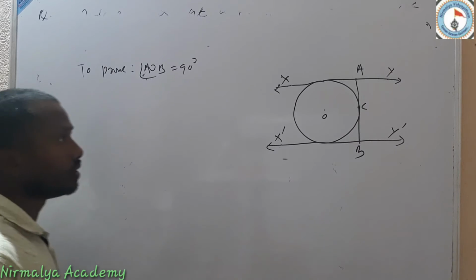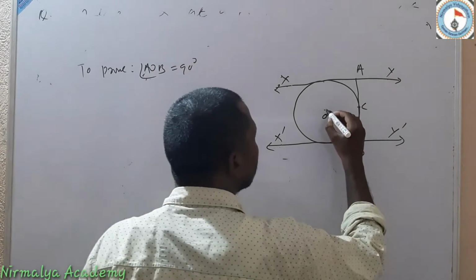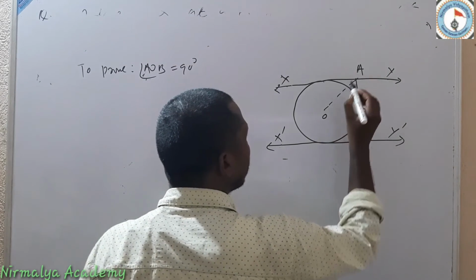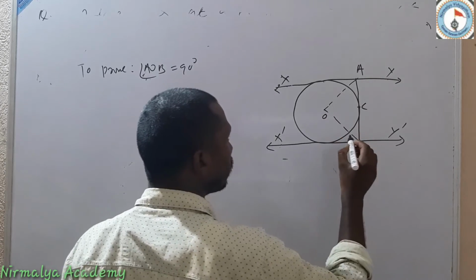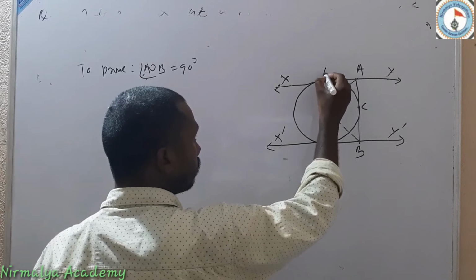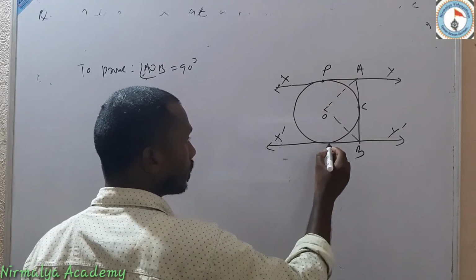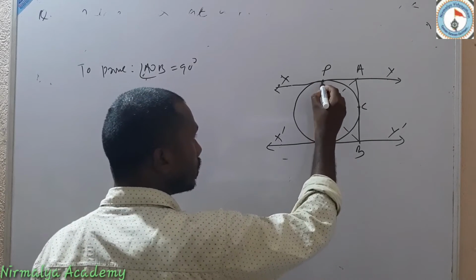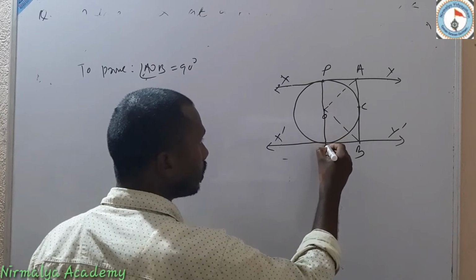So now join OA, OB and the points of contact also have to be joined. Let the points of contact be P and Q, then join OP and OC.